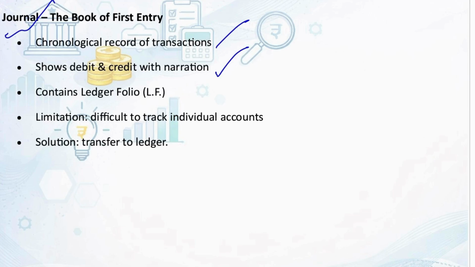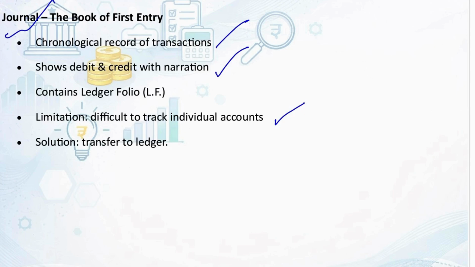While the journal captures everything, finding the balance of a specific account at a particular time is very important, and due to multiple entries this is the main limitation. What is the limitation? It is difficult to track individual accounts.